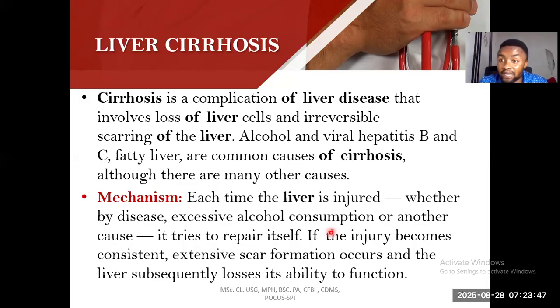So far as men have decided not to stop taking alcohol, and women have also decided, not only women, men and women have also decided not to stop fornication, and they are distributing hepatitis virus to each other, liver cirrhosis will always be present.